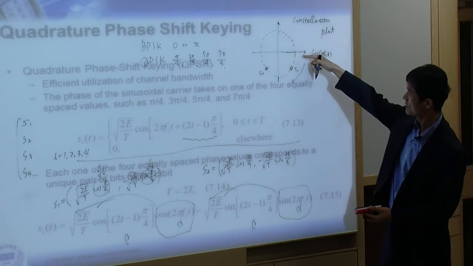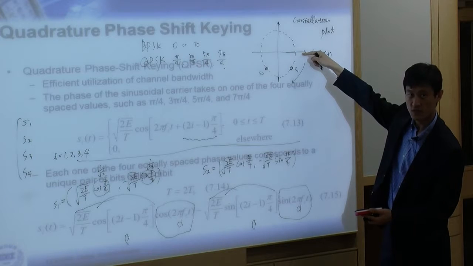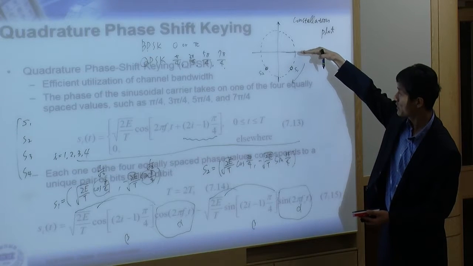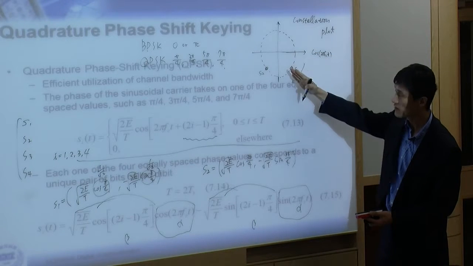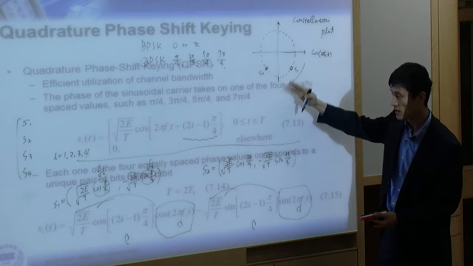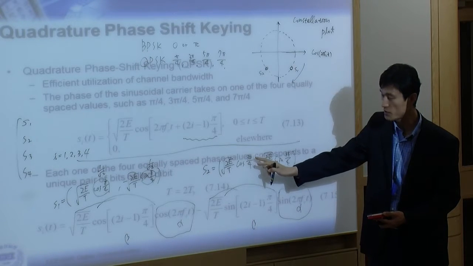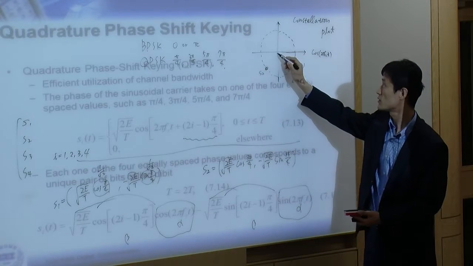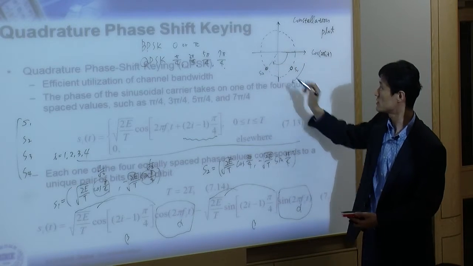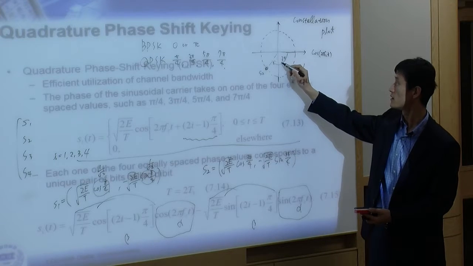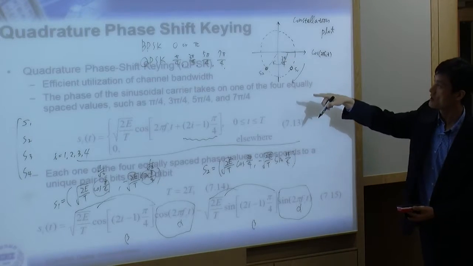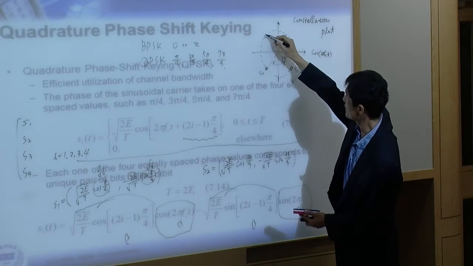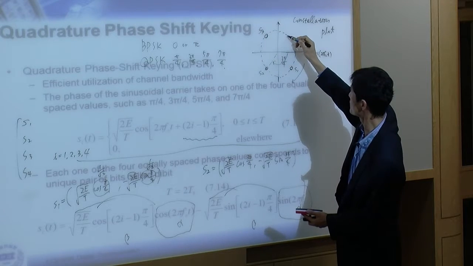How do you know? Because from here, we are always starting from here. 45 degree means we are rotating that much. Only 45 degree. Only pi over 4. But in this case, you are rotating 3 pi over 4. So we are rotating this much. So here to that much is a 3 pi over 4. So we are rotating that much. Same way, you can keep doing it. Here is S3, here is S4.